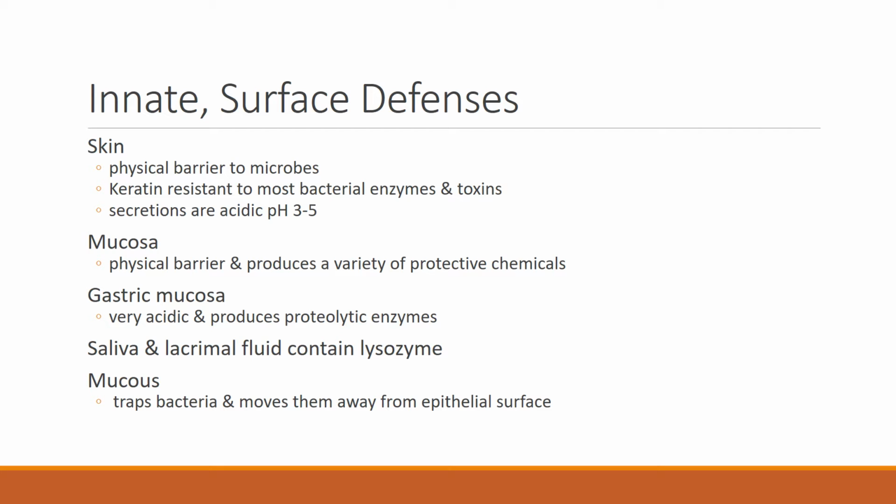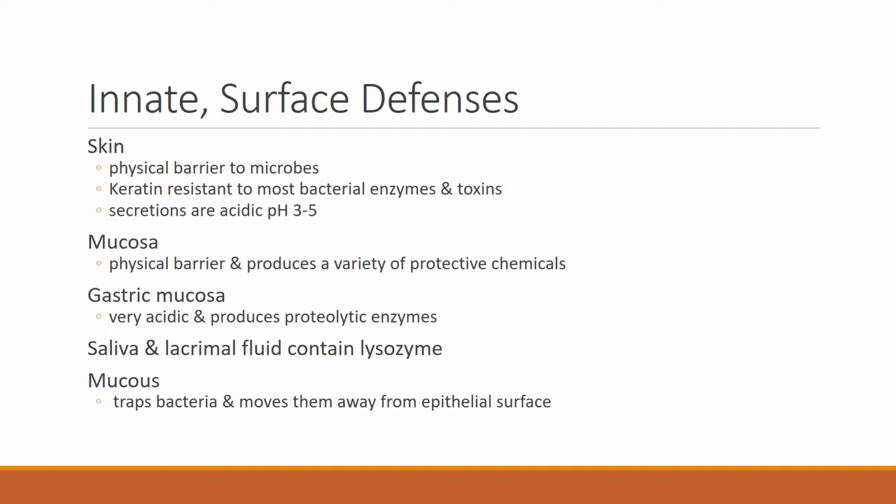Mucosa also serves as a physical barrier, and it produces a variety of protective chemicals. This is important because it prevents pathogens from entering our bloodstream. We find gastric mucosa specifically within the GI tract.